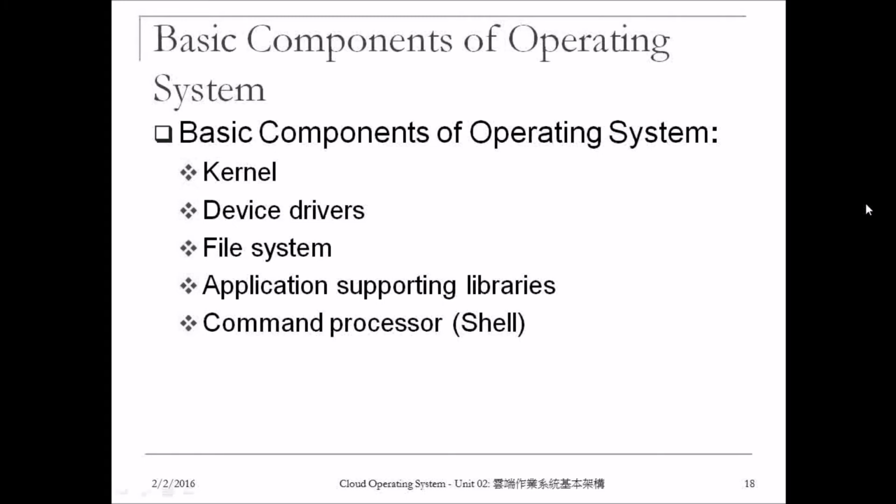The second is the device driver. Any input, output, even hardware drivers should be embedded in the operating system. Then, the kernel can use the hardware resource from these devices.